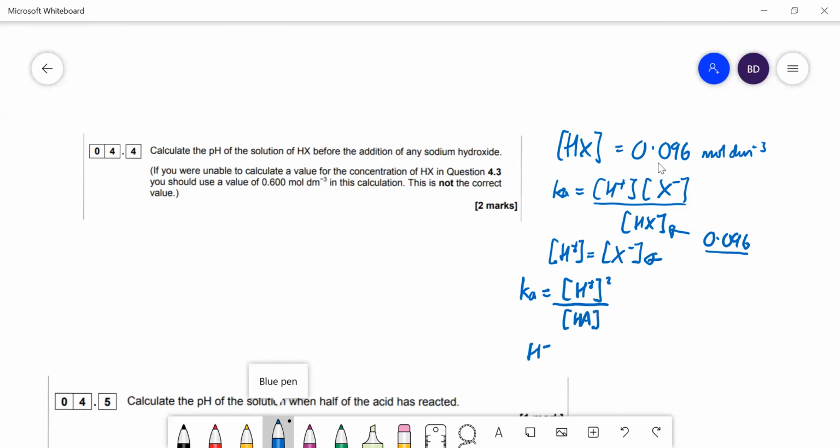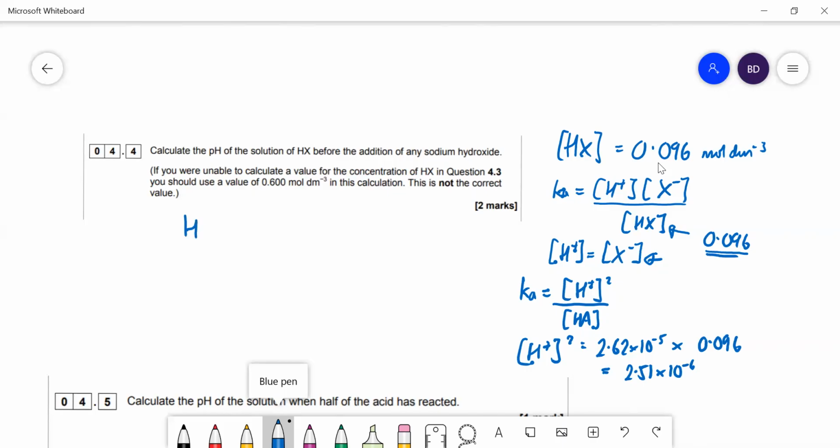So H plus squared is equal to Ka, and they tell us the Ka was 2.62 times 10 to the minus 5, multiplied by the concentration of HA, 0.096. That gives us 2.51 times 10 to the minus 6. Take the square root of that to give us H plus.